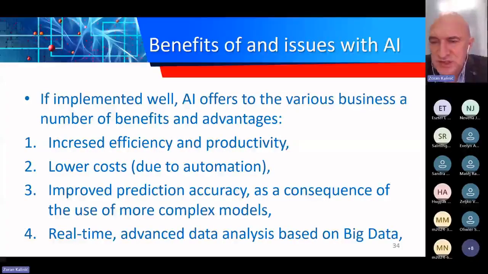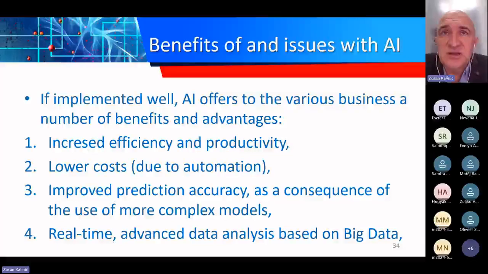Another very important benefit is that we can combine AI tools with something called big data, meaning that we can collect large amounts of data from different sources, and if we use supercomputers, or computers that can analyze a lot of data per unit of time, we can get very precise and in many cases real-time results.